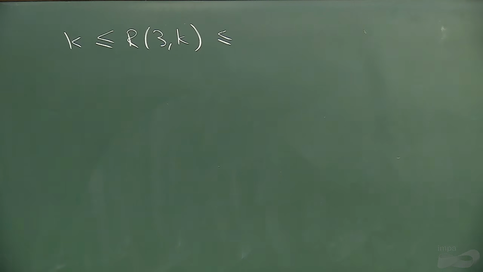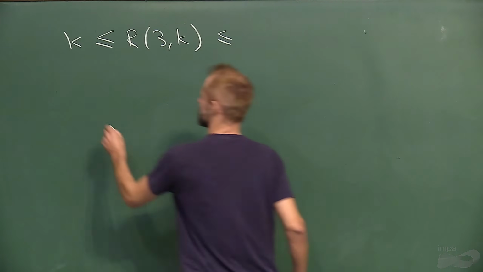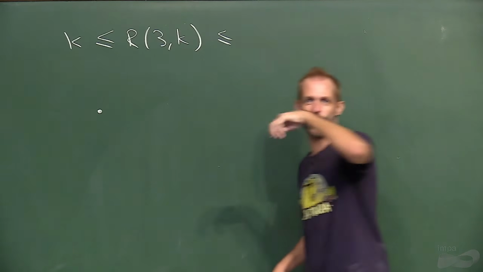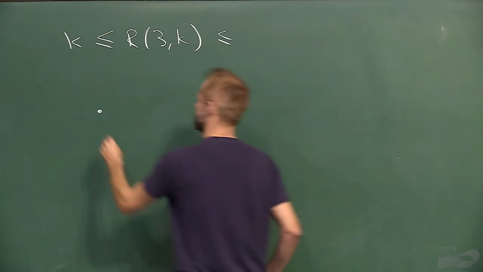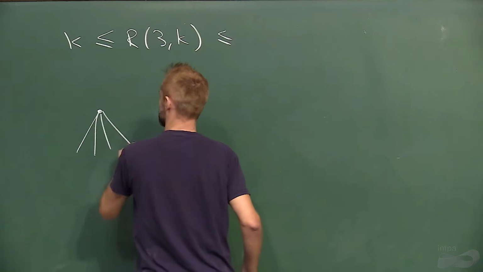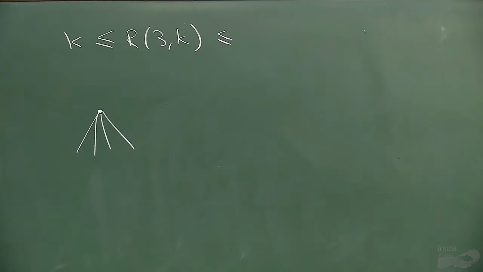Okay, so we have our red graph is triangle-free. What is a useful property of triangle-free graphs? Or what does it mean to be triangle-free? So I'm going to draw the red graph in white. Exactly.